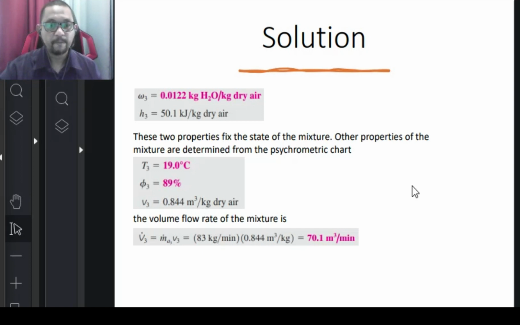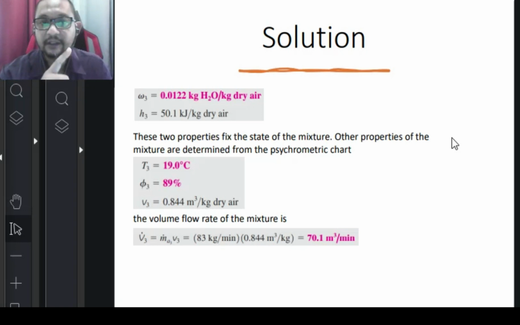So we have covered only one objective, but it has a lot of content. You have covered four air conditioning processes: heating, simple cooling, humidifying and dehumidifying.